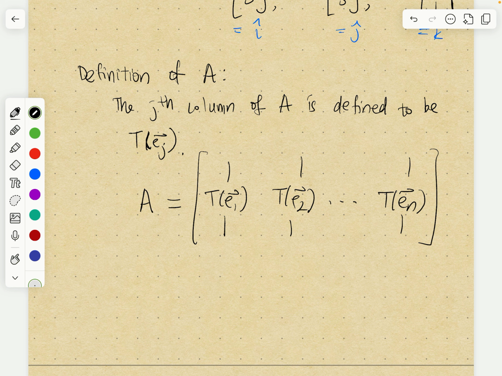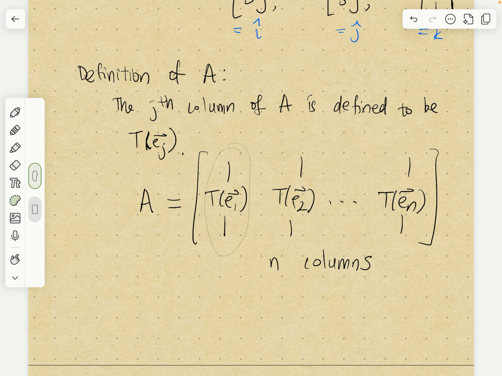Now let's check that this is actually an m by n matrix. How many columns do we have? We have n columns, one for each of the E sub i's. And how many rows do we have?